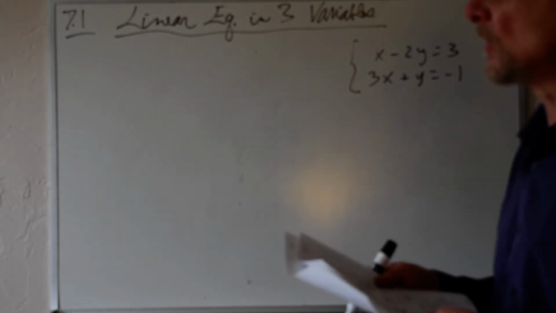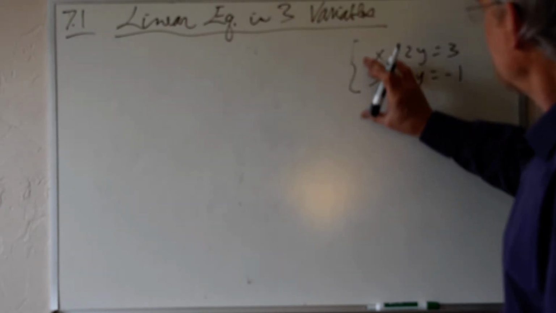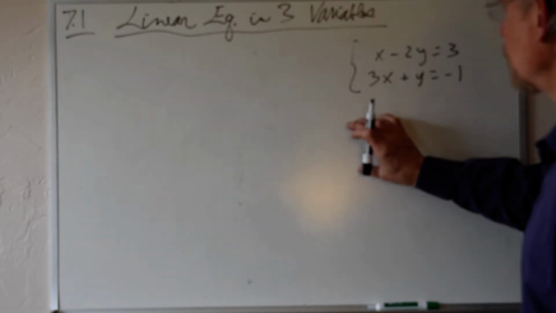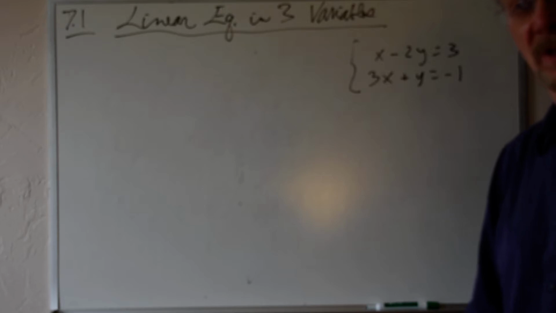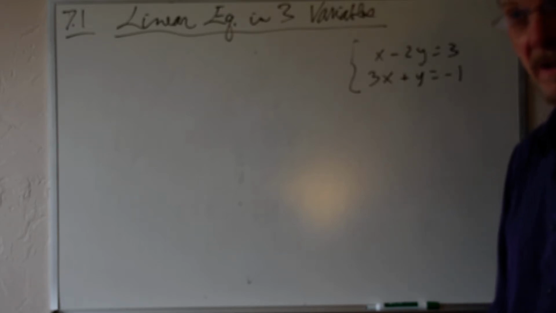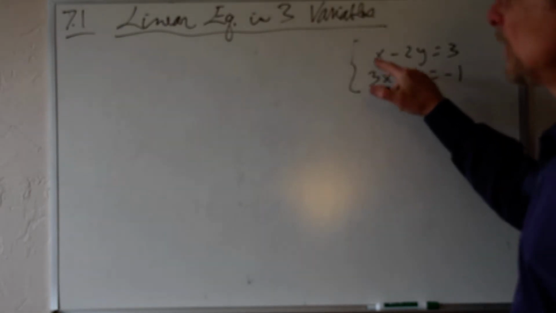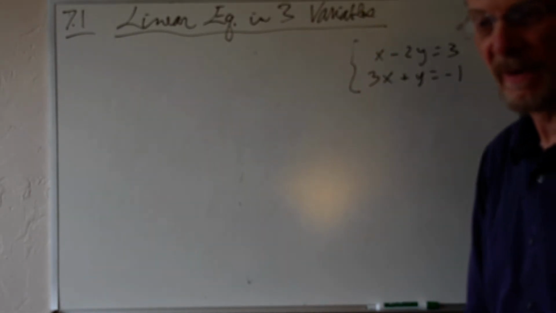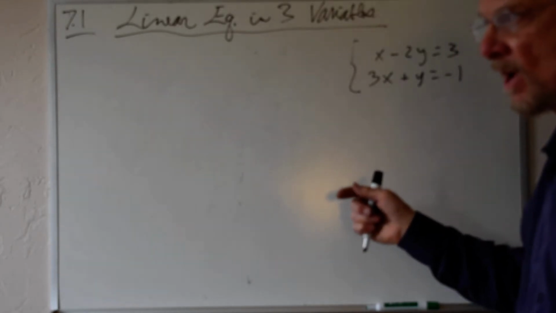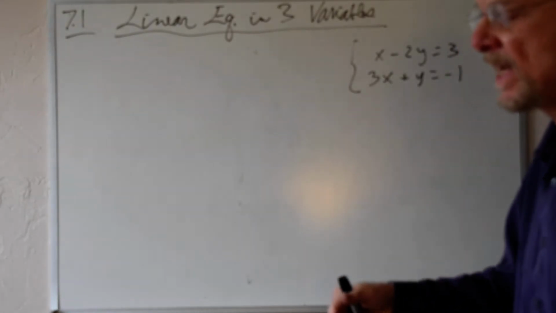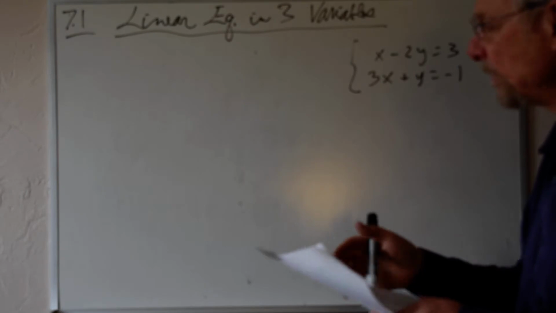So let me ask you this. Suppose we had n of these equations with n different variables. Could you solve it? Yeah. Basically, you need one linear equation to eliminate each of the variables, and you could keep picking them off if you were patient enough and had enough time, and eventually solve the system.